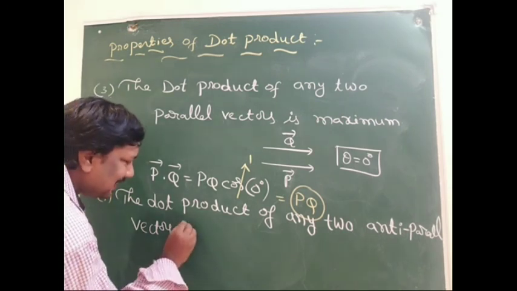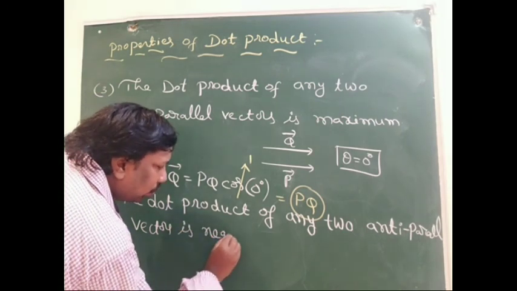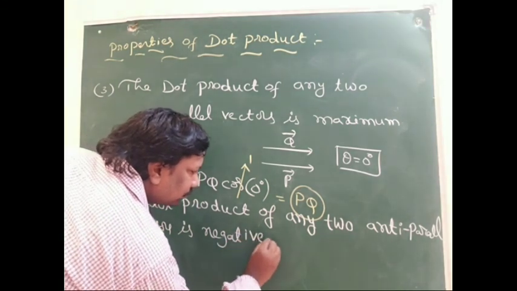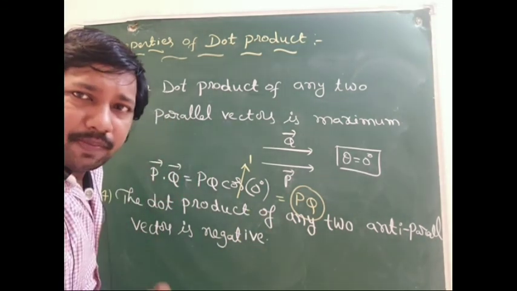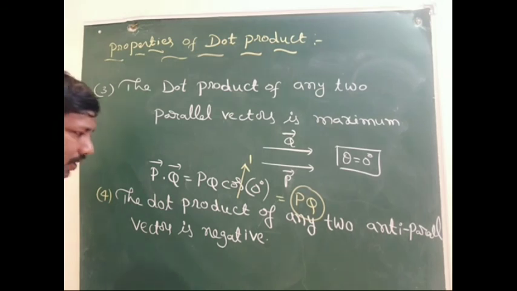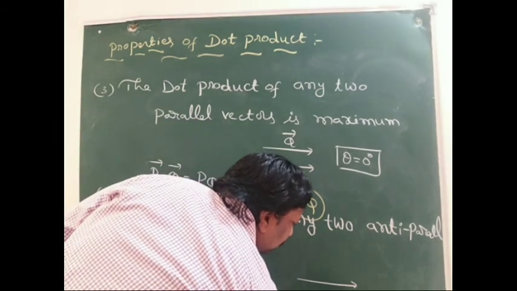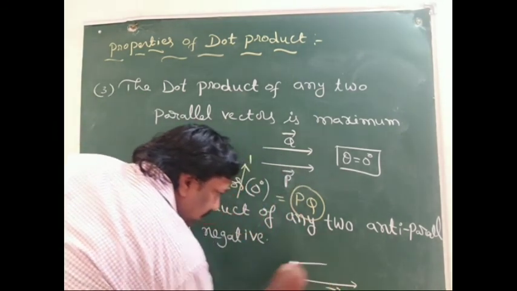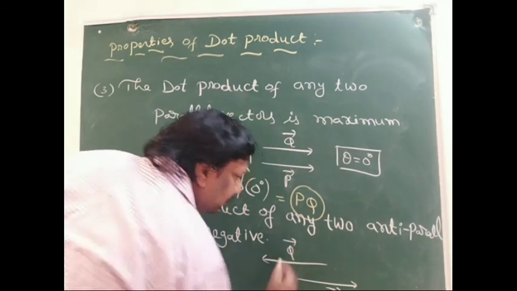Here p bar and q bar are two vectors, this is p bar and this is q bar.